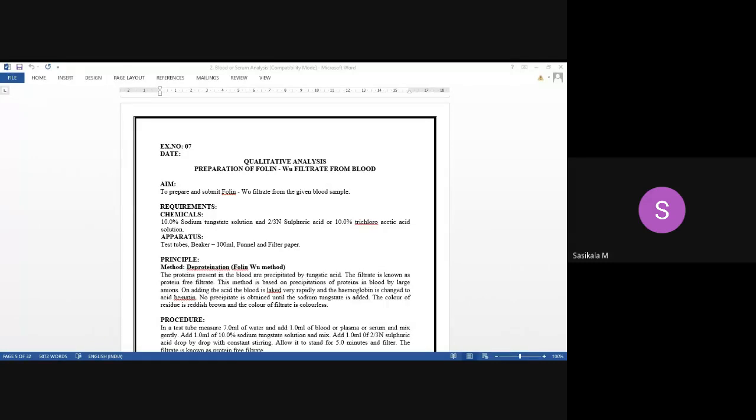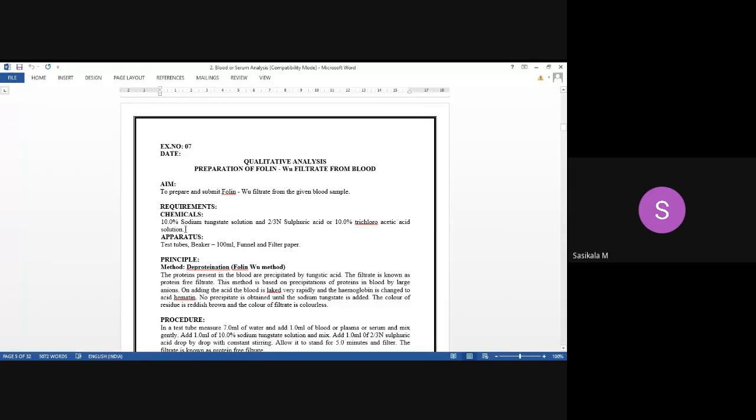We can call them deproteinizing reagents. 10% sodium tungstate solution and 2/3 normal sulfuric acid, or 10% trichloroacetic acid solution. Okay, thank you, Ajita, for listening and answering also. So we can use either of the two reagents. Mostly in our lab, trichloroacetic acid is used.